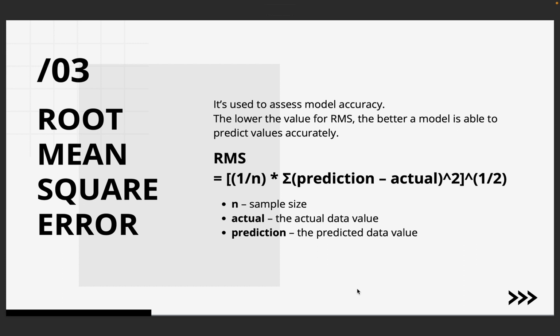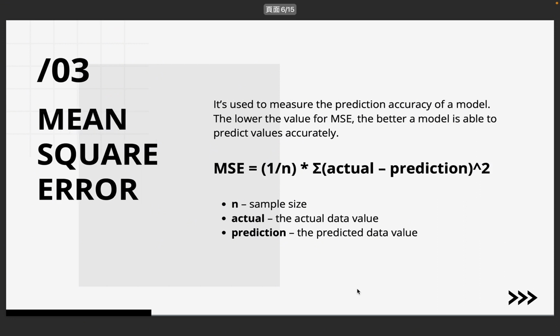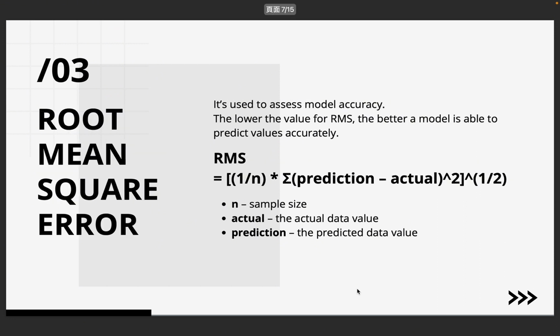Compared to the mean square error, we just have to take the square root of the mean square error after we calculate it. The lower the value of RMSE, the better our model will be, the same as the mean square error.